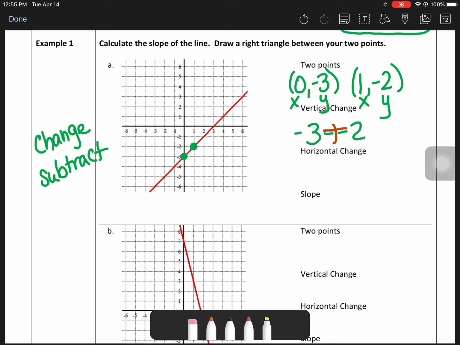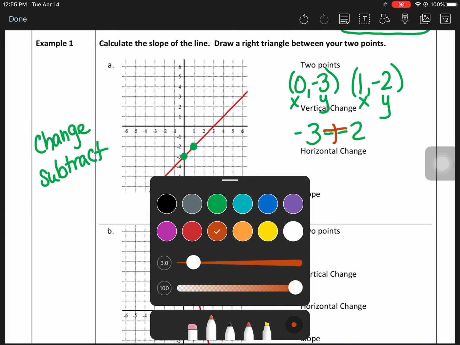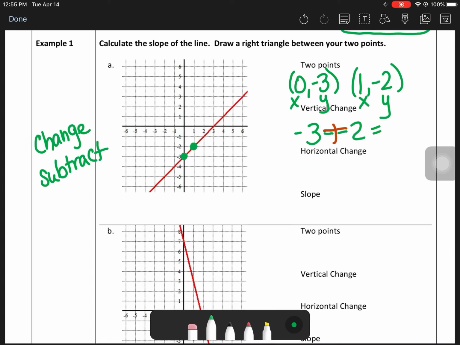And so when we do our problem, -3 plus 2 means you owe me $3, but you have 2, so that's going to be -1. Then our horizontal change is going to be 0, take away 1, which is -1.